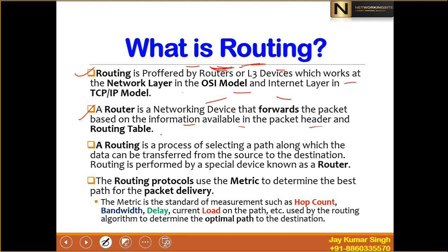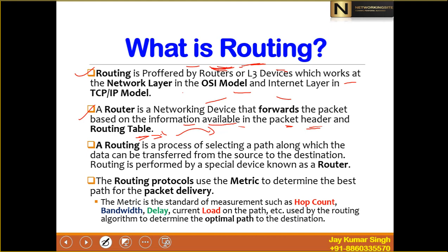When a packet comes to the router, it checks which destination the packet has to reach. The destination information is in the packet header, so according to it, the router checks its own routing table and forwards the packet based on that information.